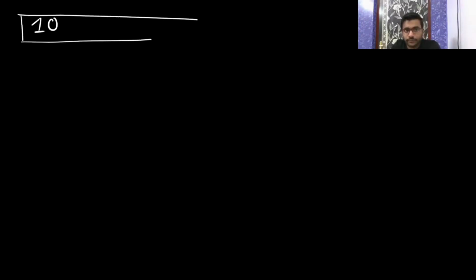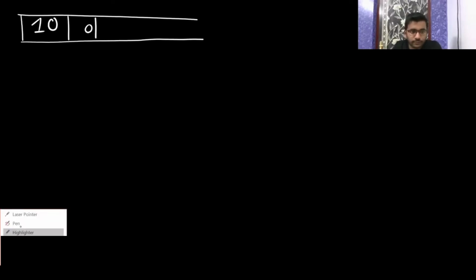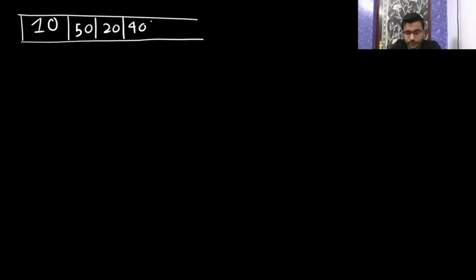So now I am taking one array which has 10, 20, 10, 50, 20, 40, 60, 70, then 90.